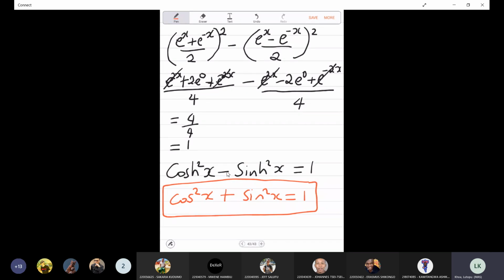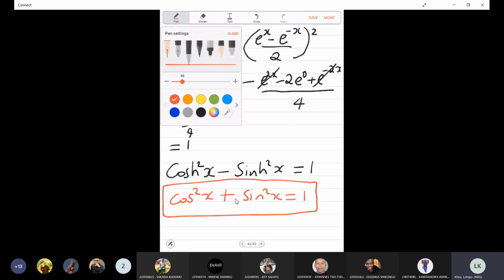So with the hyperbolic, between them you have a negative, with the trigonometric you have positive. So that is something for you to look out for. When the trigonometric was positive, in the hyperbolic it'll be the opposite sign.